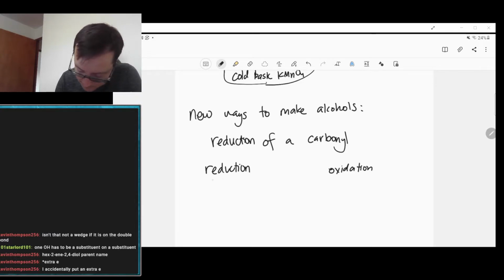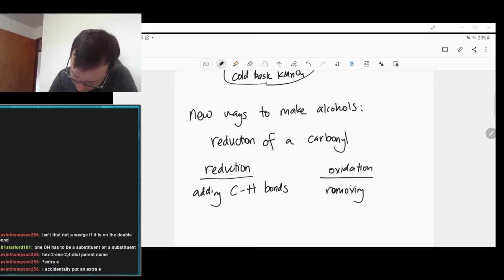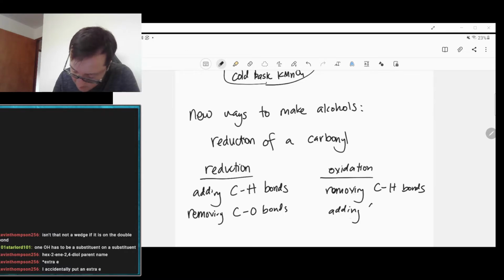We can also think about reduction and oxidation by having reduction being that we're adding CH bonds to our molecule. An oxidation would be removing CH bonds. Or conversely, we are removing CO bonds for reduction, or adding CO bonds for oxidation.